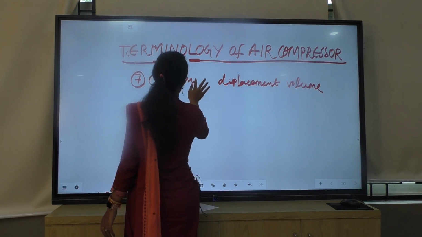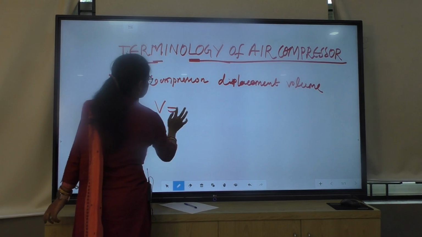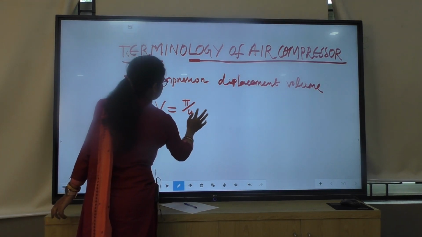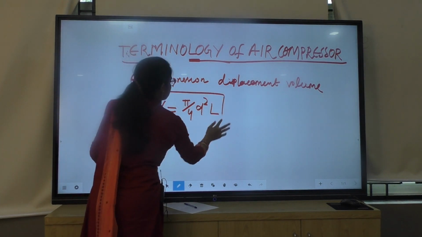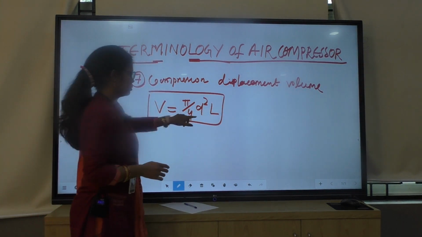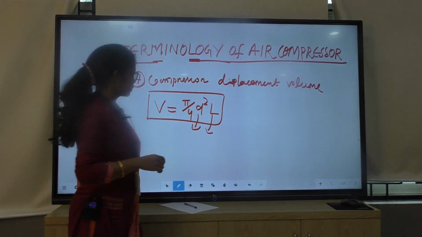Compressor displacement volume, that is V is equal to, formula is pi by 4 d square into L, and what are these parameters? What is D and what is L? I will definitely tell you.